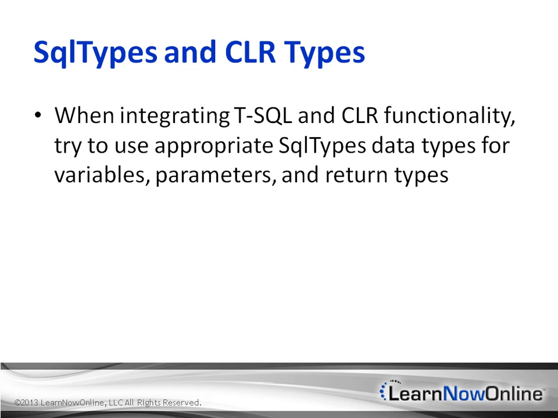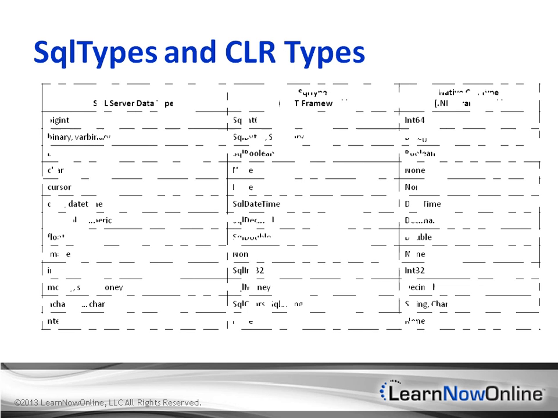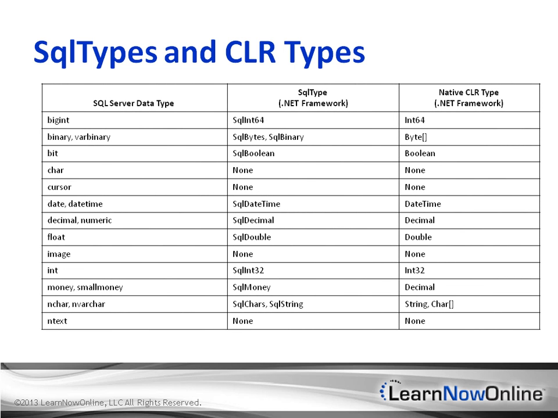So when integrating T-SQL and CLR functionality, try to use the appropriate SqlTypes data types for your variables, parameters, and return types. The table that follows details these mappings. So in this table you can see the SQL Server native data type listed as well as its corresponding SqlType in the .NET framework SqlTypes namespace and the native CLR equivalent data type.